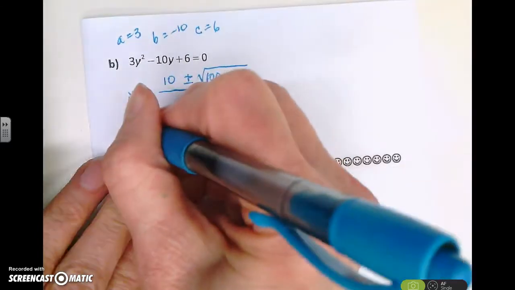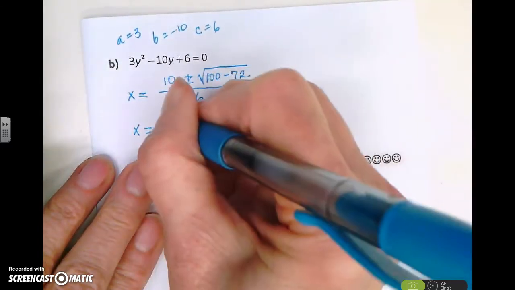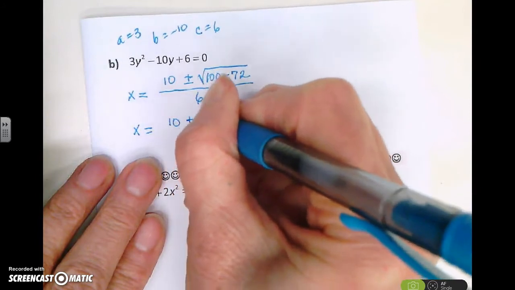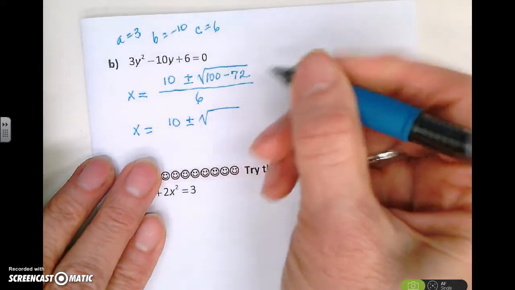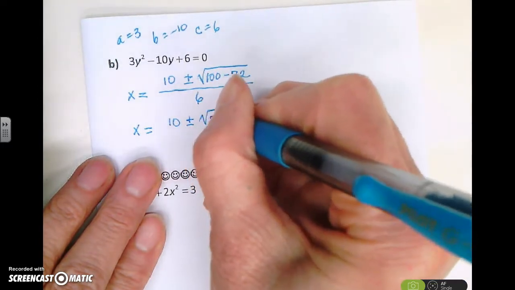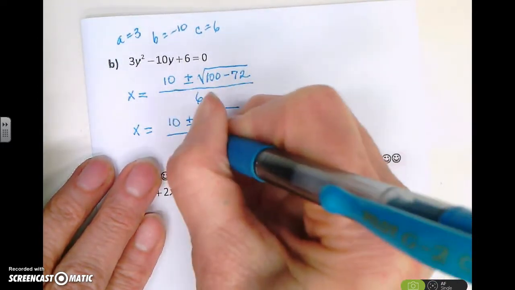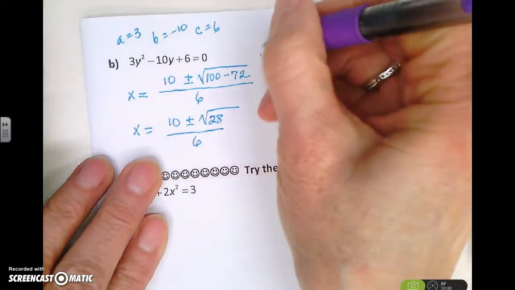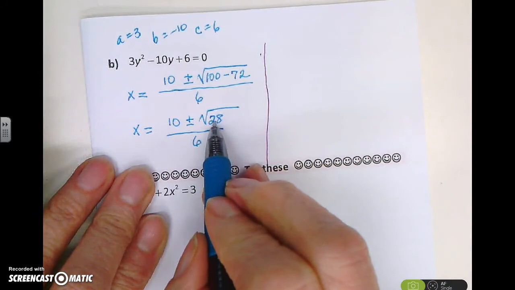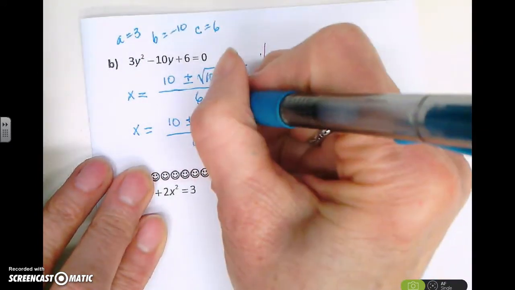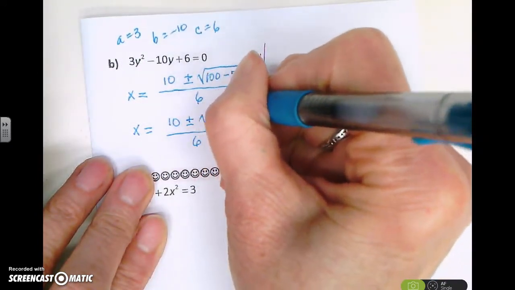I need to simplify it, so I get x is equal to 10 plus or minus the square root of 100 minus 72, which is 28, over 6. Draw a line here. I can simplify the square root of 28 into a 4 and a 7.